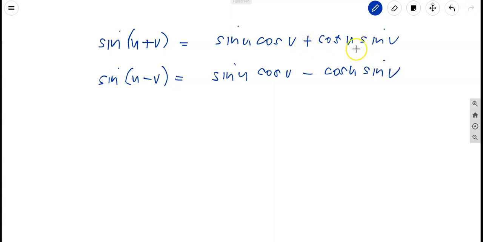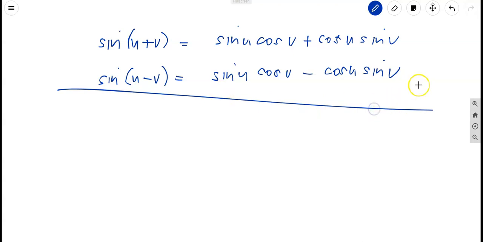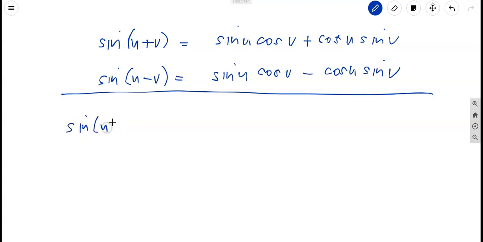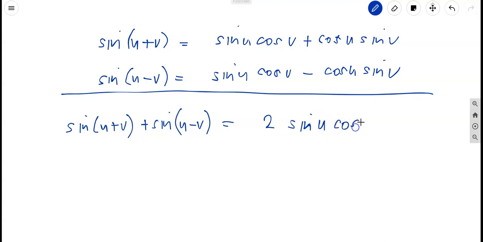To simplify, adding the two, you will have sine u plus v plus sine u minus v is equal to 2 sine u cosine v. Dividing both sides of the last equation by 2 gives us formula 1.